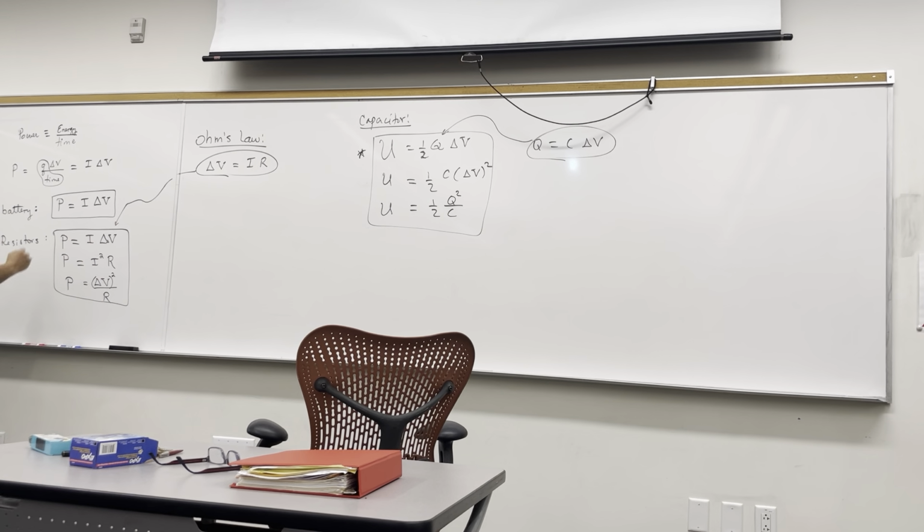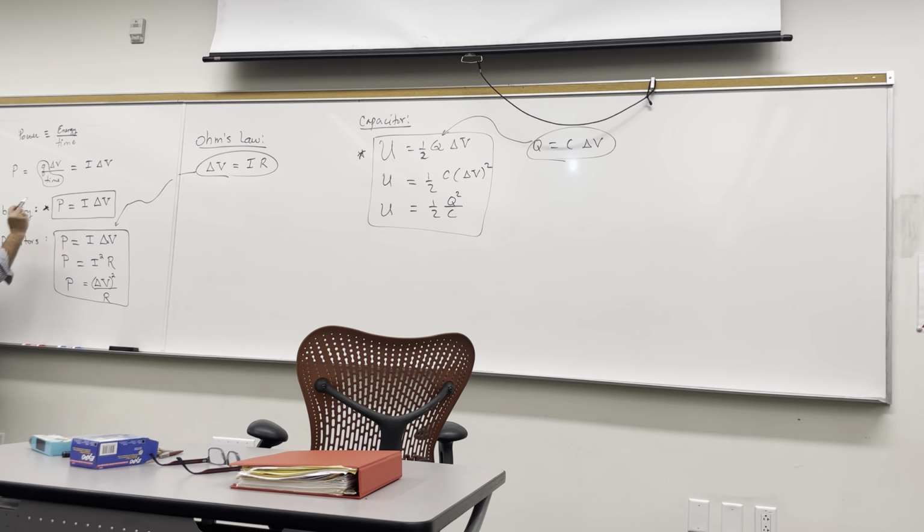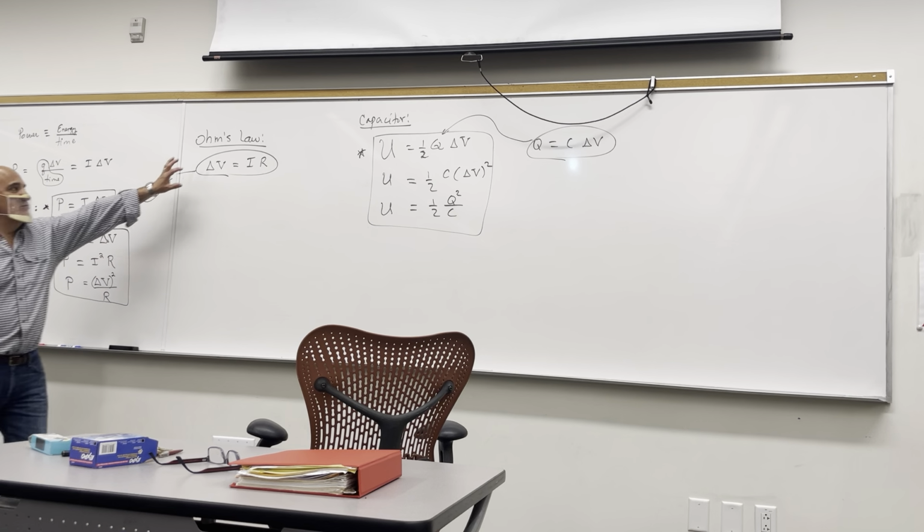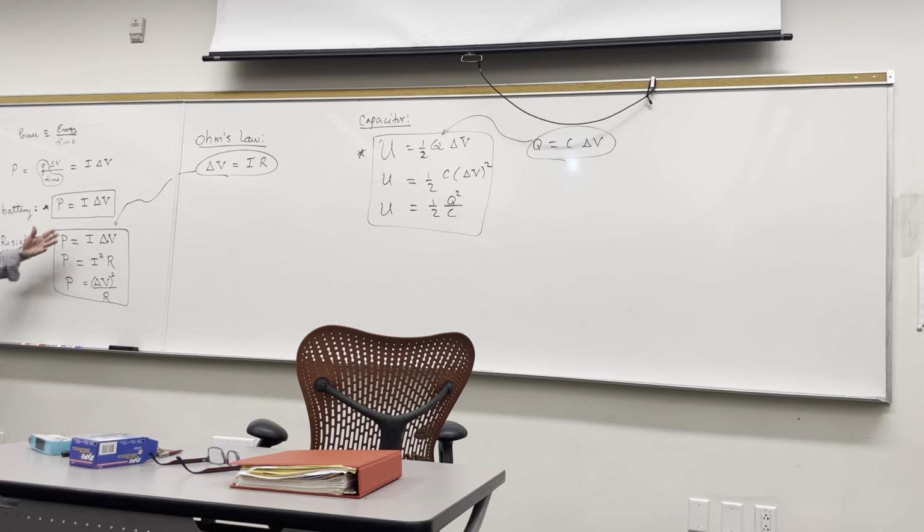So same thing, if I combine this equation for power, which is energy per unit time, right, with the master equation for resistors, then I get these three other formulas.